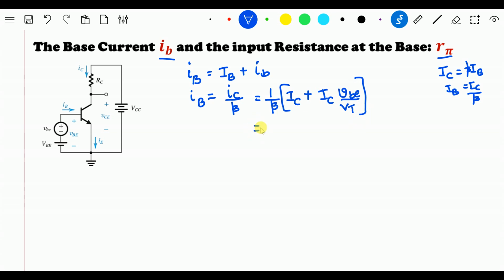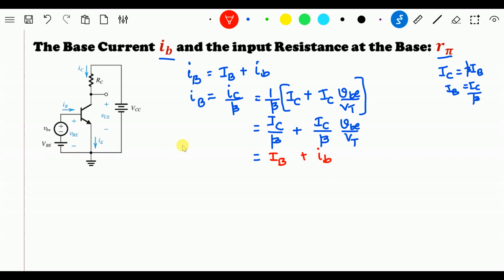Now, if I expand this, it is equal to IC by beta added with IC by beta into vbe by VT. If you see this, I can easily say that this is the DC base current added with the AC base current.